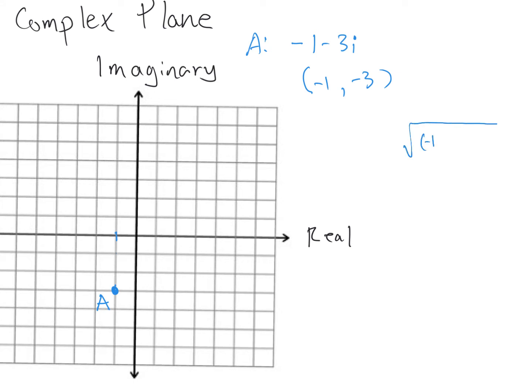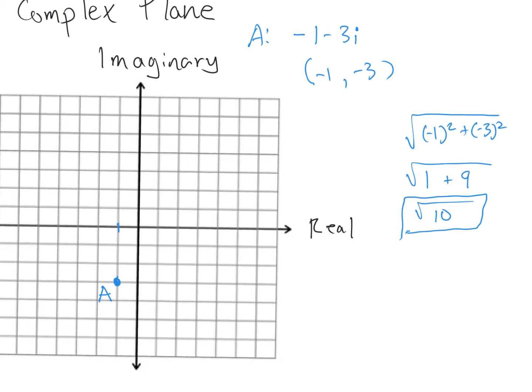So -1 squared plus -3 squared gives me 1 plus 9, which is the square root of 10. I can't really simplify that anymore, so my absolute value of A is the square root of 10.